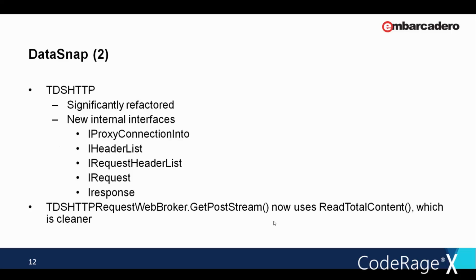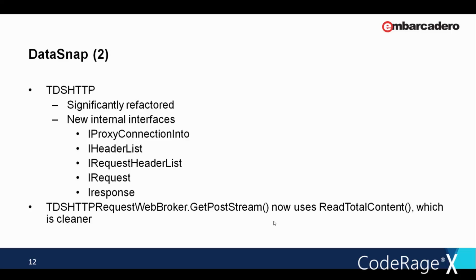More DataSnap changes. There is the DataSnap HTTP component that's been significantly refactored and cleaned up. I think it's a really good pattern to follow for other communication routines that you might need. There's internal interfaces in that component for the proxy connection info.